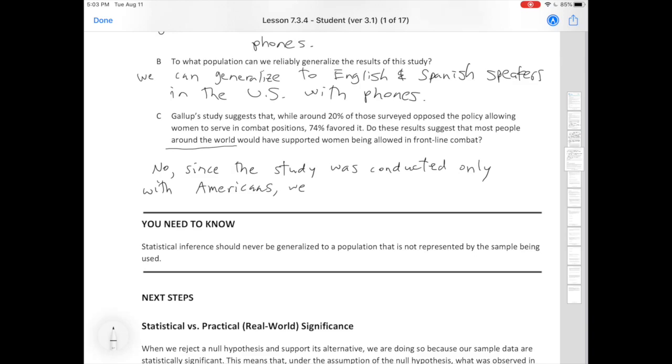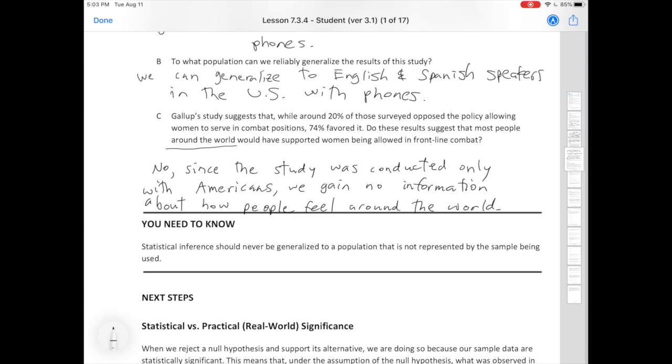We gain no information about how people feel around the world. I bet there are some countries that feel similarly to the US, but there's probably other countries where they don't, right?